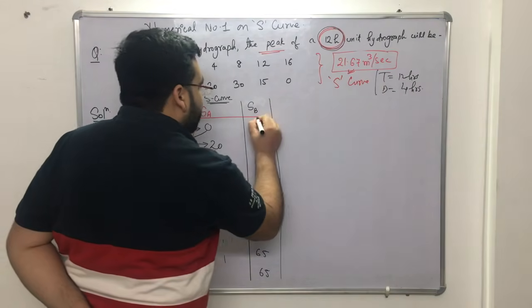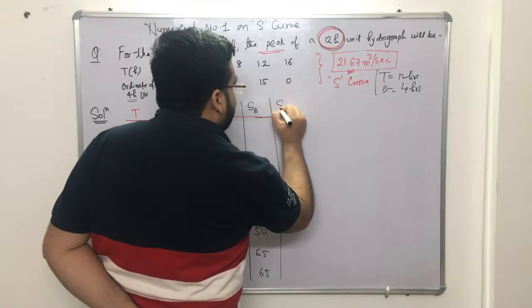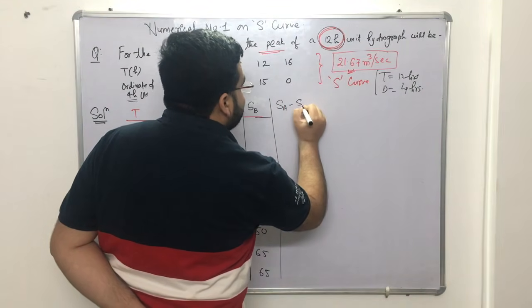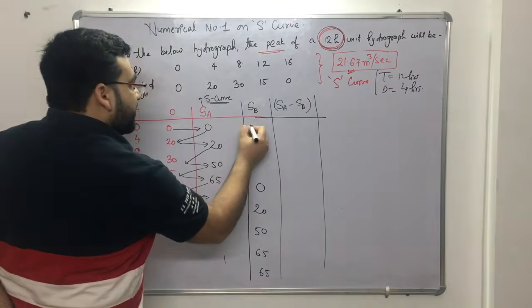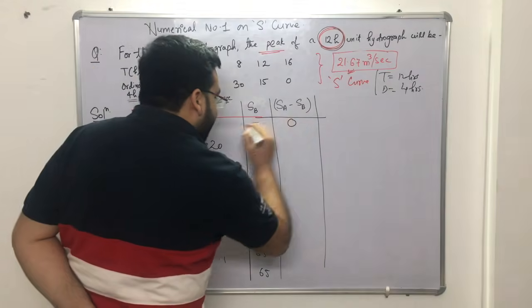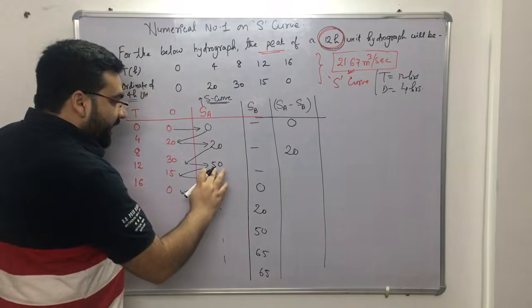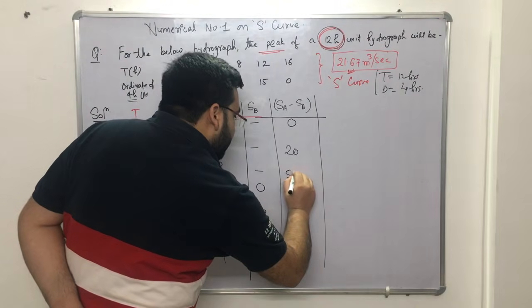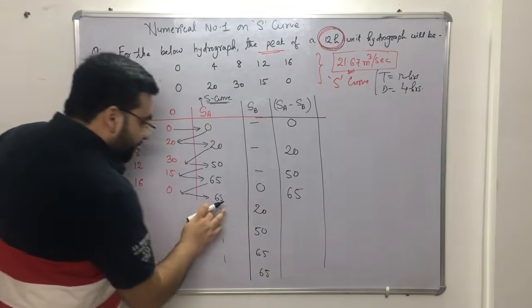If you remember, in the third step we have to do SA minus SB. This is the third step. SA minus SB is 0, then 20, then 50, then 65.